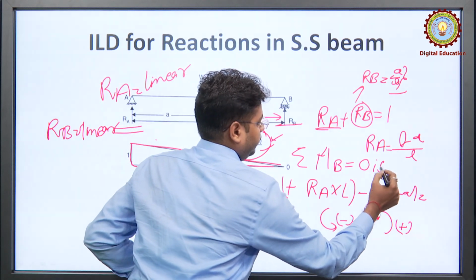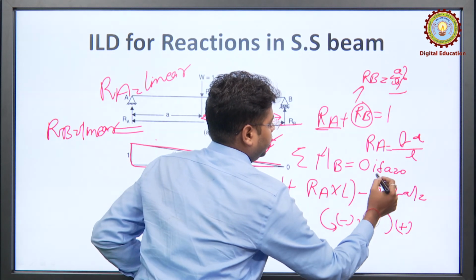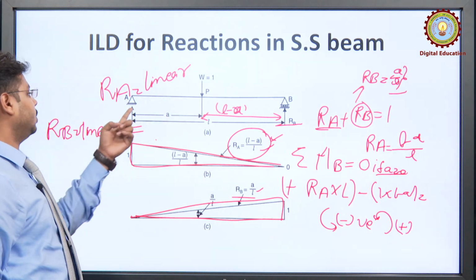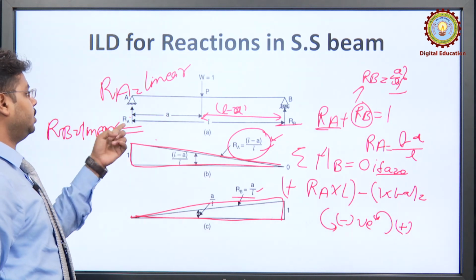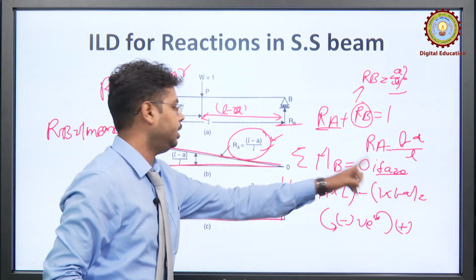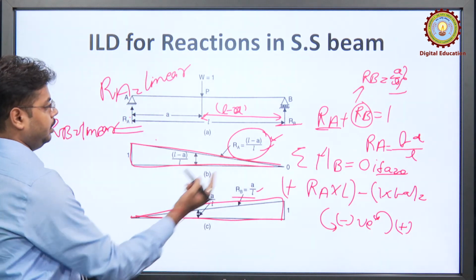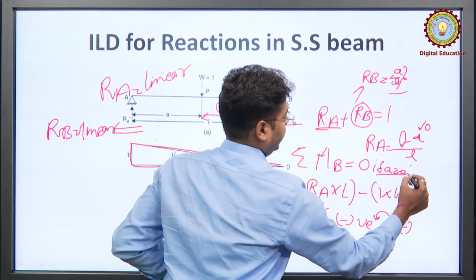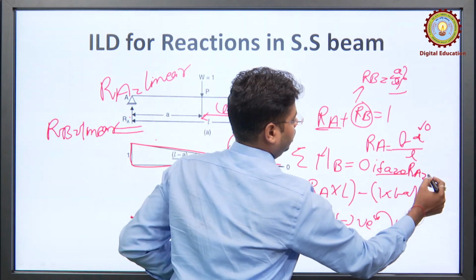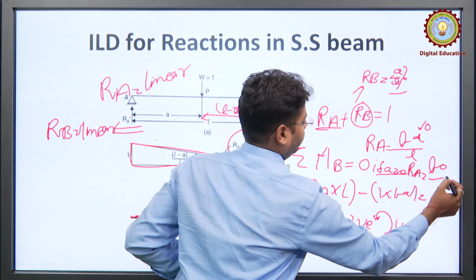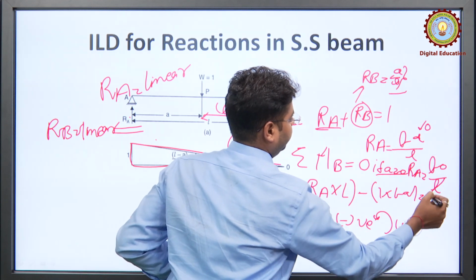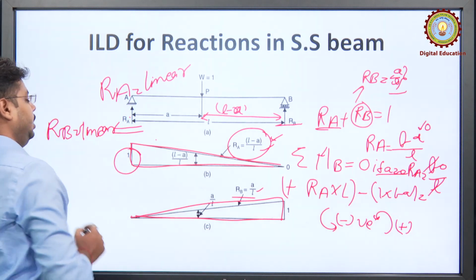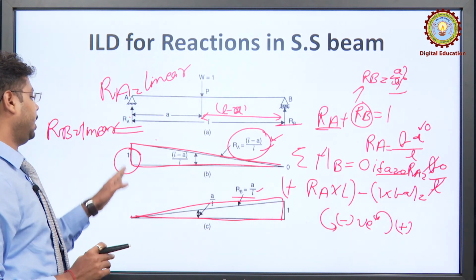If A is equal to 0, what does that mean? If the unit load is on RA, then the value of A will be 0. In that case, RA will be L minus 0 upon L, that means unity. Because of that, here is the value of unity at RA.